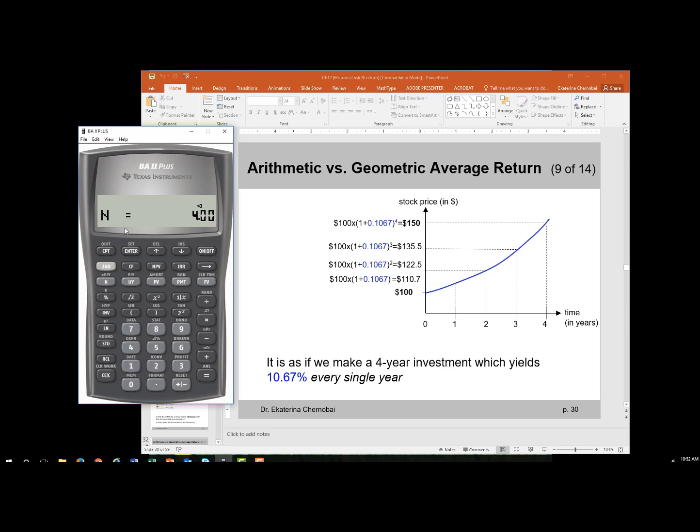And guess what I need to calculate in the calculator in order to find my geometric average annual return? That's right. All I need to do now is compute the interest rate. I press compute IY, and that's my answer. 10.67% per year, right? That's what it all basically means, and that's how it all kind of comes together.